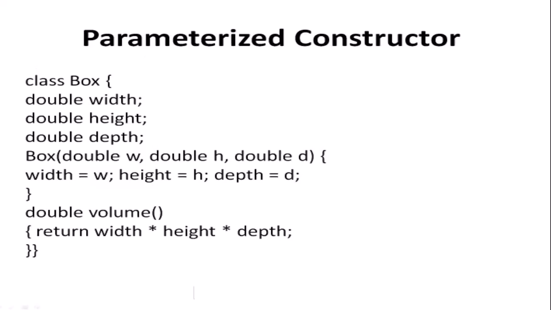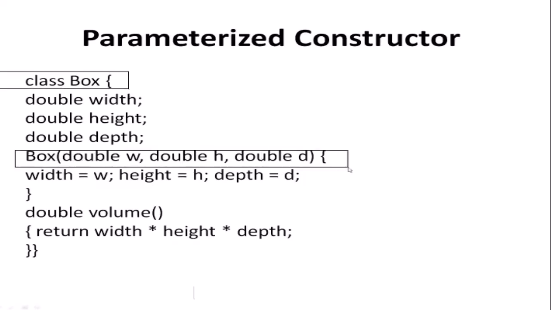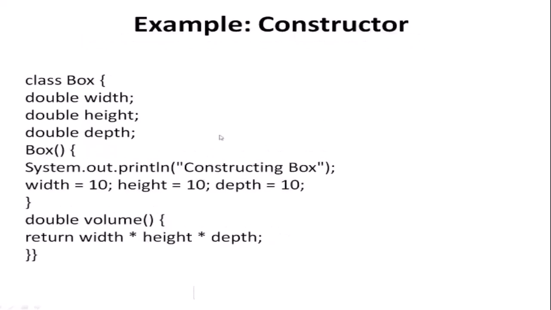Here we have a class Box, and whenever you open a function, within this function you have how many arguments? 1, 2 and 3. One or more arguments is said to be a parameterized constructor. In the previous slide we saw the default constructor. So this is called the default constructor.